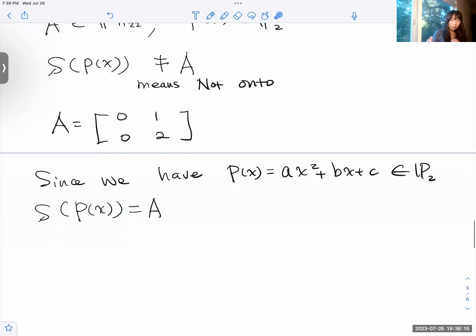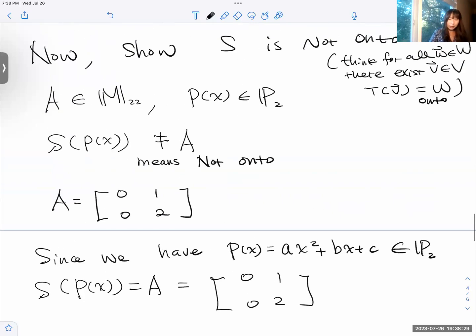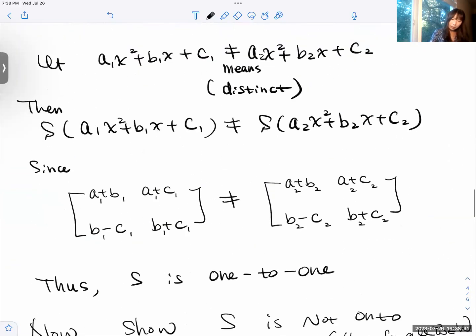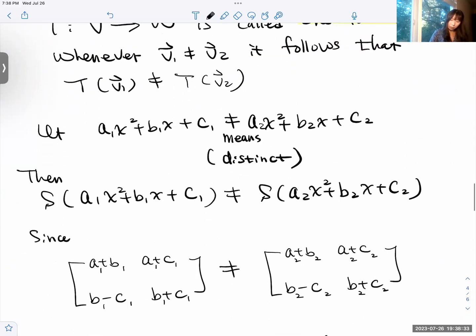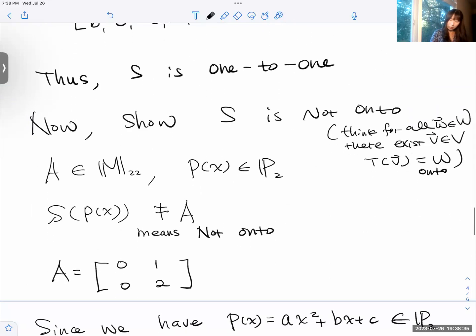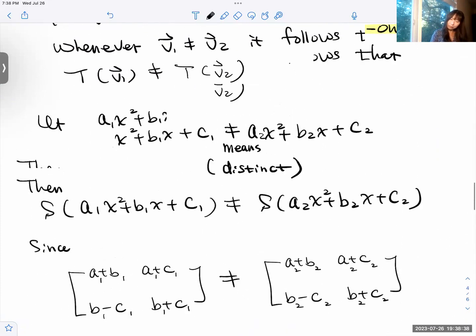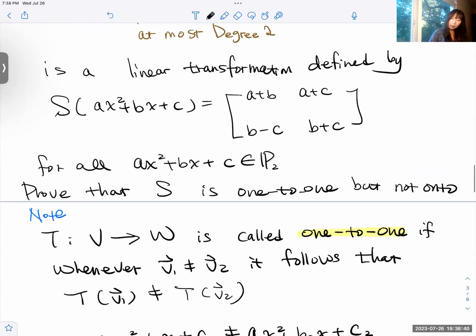Okay, then look, this means the matrix 0, 1, 0, 2.